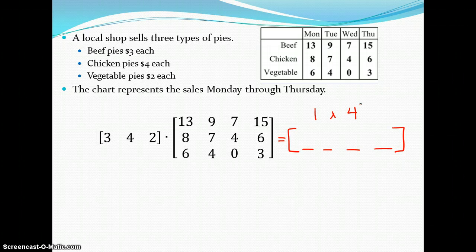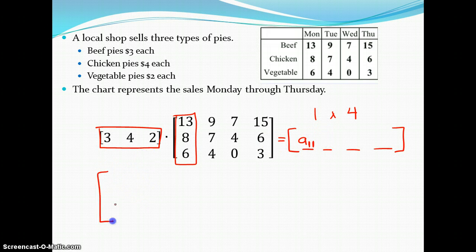But as far as the multiplication goes, remember we want to match row with column. So this is going to be row 1 in the first and column in the second if we want to find that element.